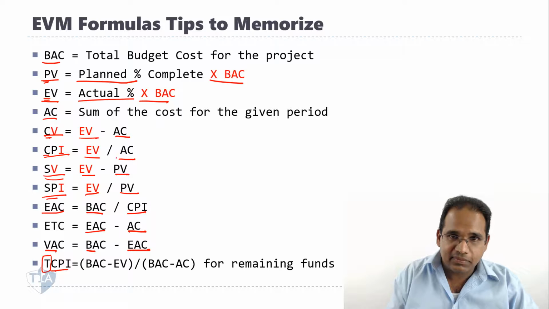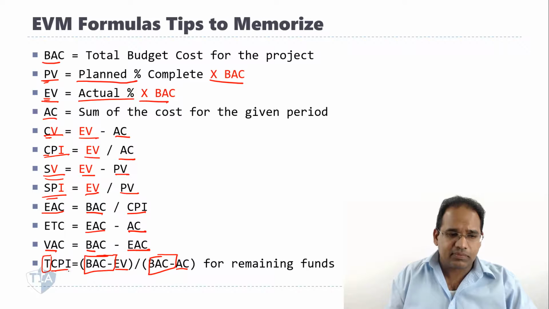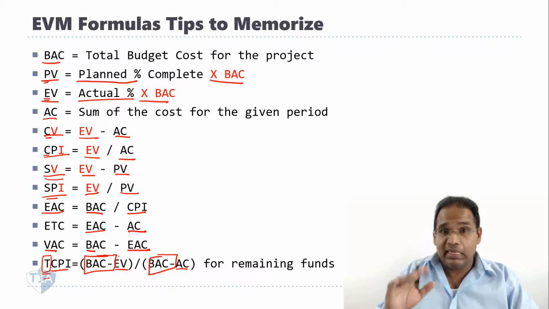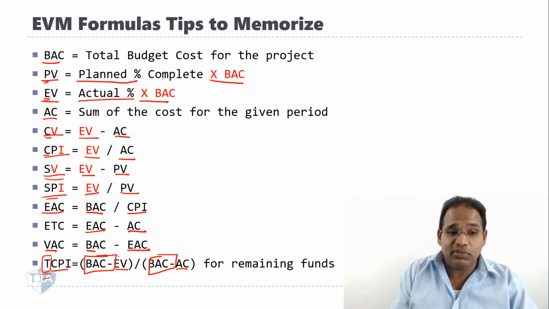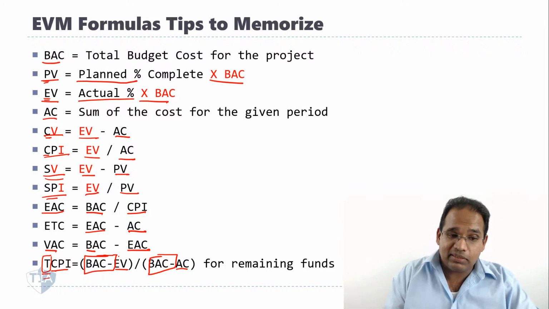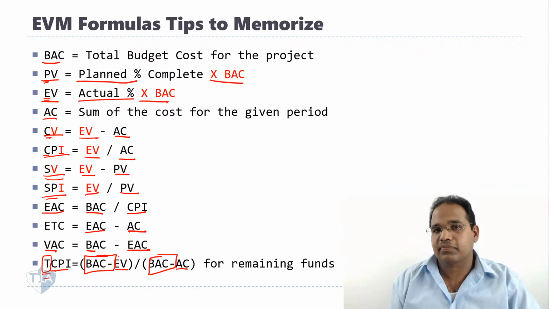But TCPI is also a division, except you're subtracting both the EV and the AC from the budget, from the total. Did you get that? TCPI is really the same formula as CPI, except you subtract both the EV and the AC from the BAC, or the total. So I remember it as like total CPI. That's not what it means, I know. I'm just telling you that to help you remember it. Just take the CPI and subtract both sides from the total, which is the budget.